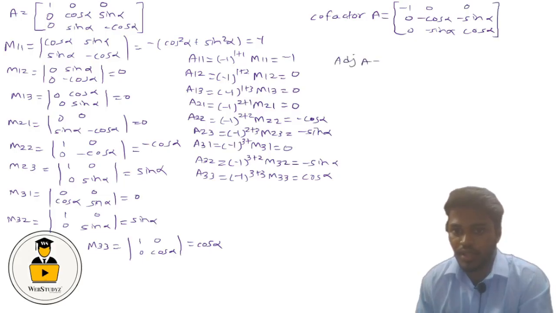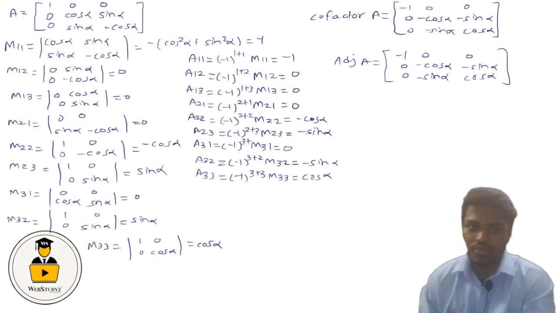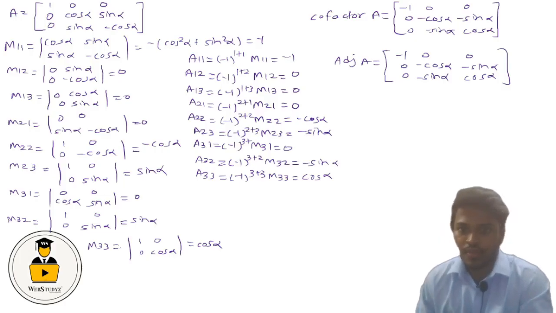From this, if we take the transpose, that means if we replace the rows with columns and columns with rows, we will get the adjoint. So this will be minus 1 0 0, then 0 minus cos alpha minus sine alpha, and 0 minus sine alpha cos alpha. So this is our adjoint of A.